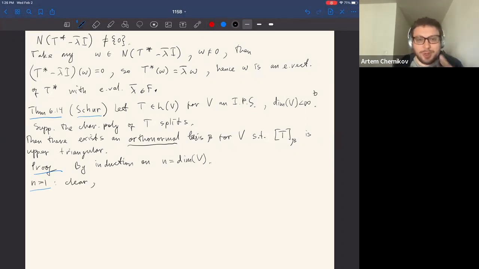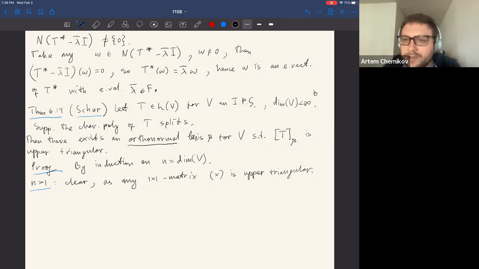Because any 1-by-1 matrix, a matrix of the form just x for some scalar x, is automatically upper triangular. There's nothing to check here. Remember, upper triangular simply means that all entries below the diagonal are 0.